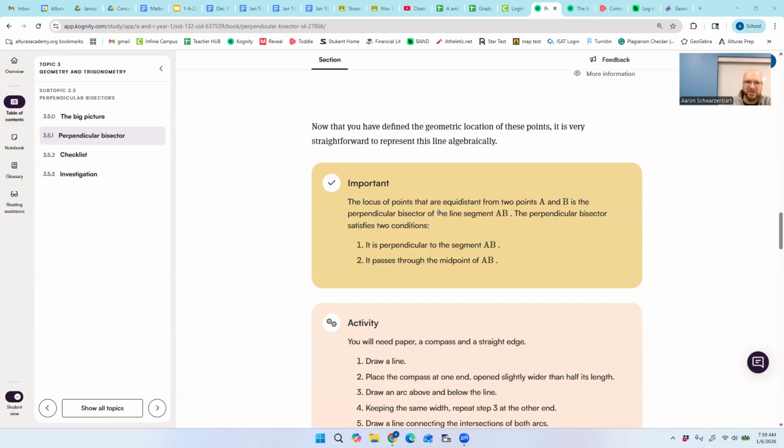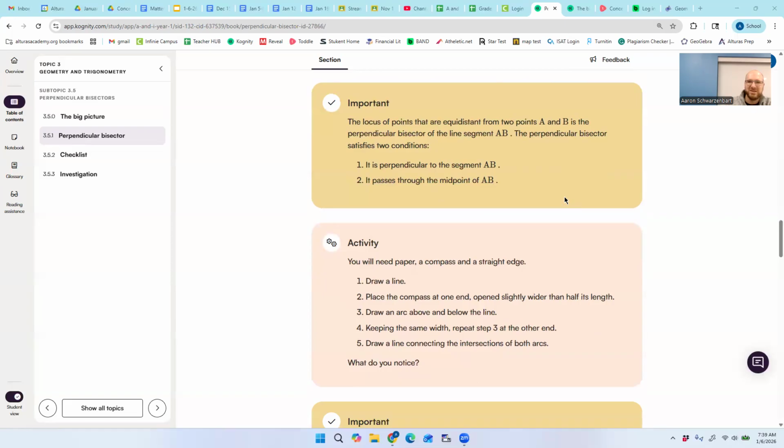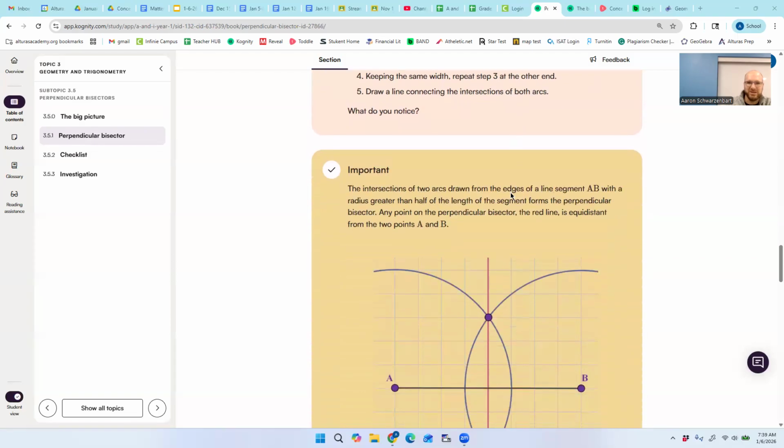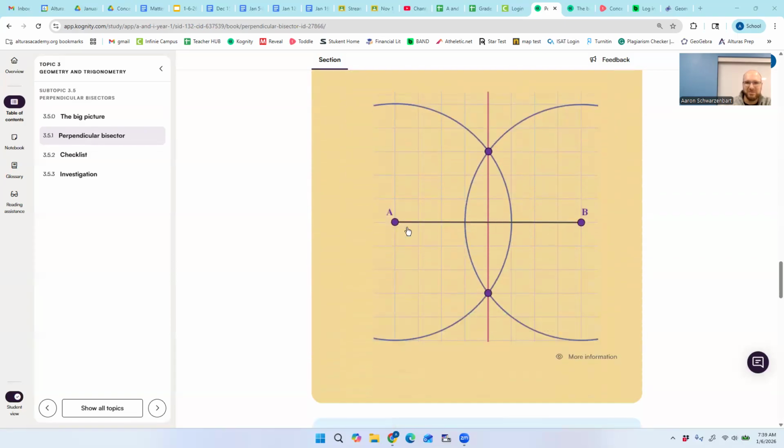So important, the locus of points that are equidistant from A and B is known as the perpendicular bisector. It has to pass through the midpoint. To do this with paper, you take a compass. You put the point of the compass at A. You must go further than halfway and draw a portion of a circle.